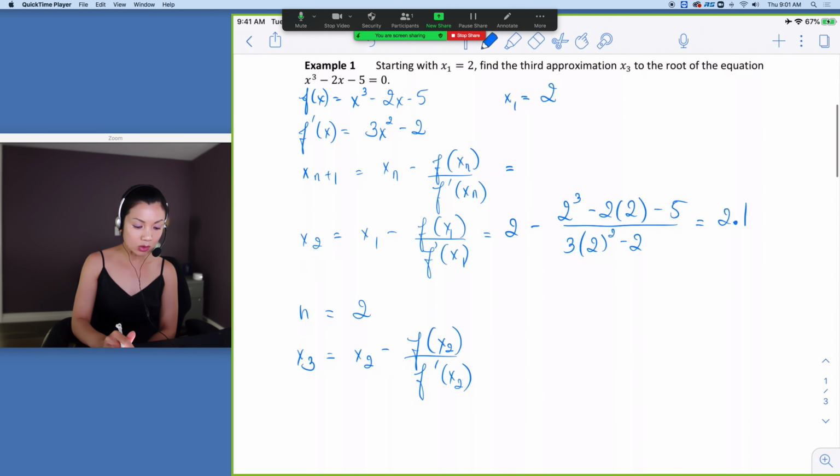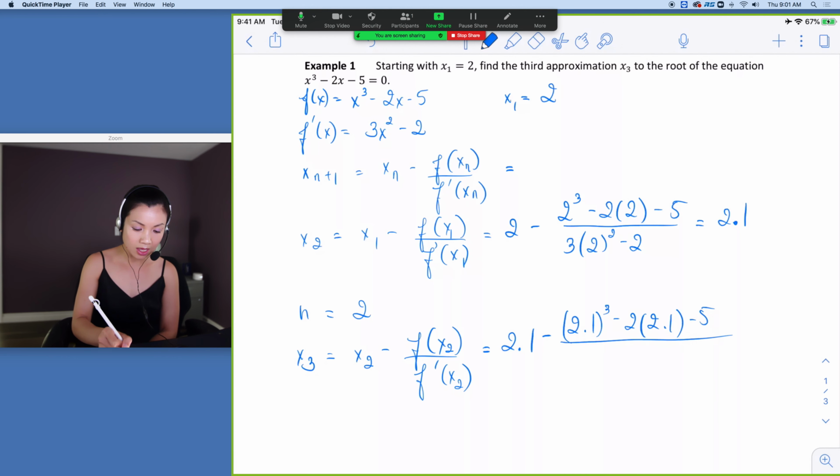So for n equals 2, x3 is going to be x2, which is 2.1, minus f of x2, which is 2.1 cubed minus 2 times 2.1 minus 5, and then f prime of x2 is going to be 3 times 2.1 squared minus 2.